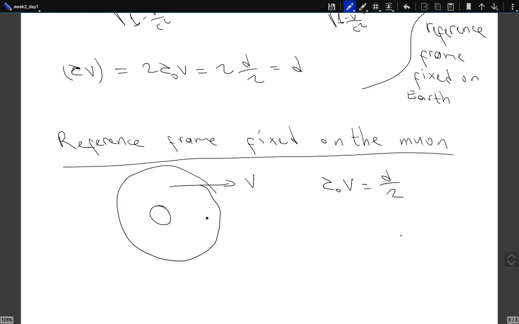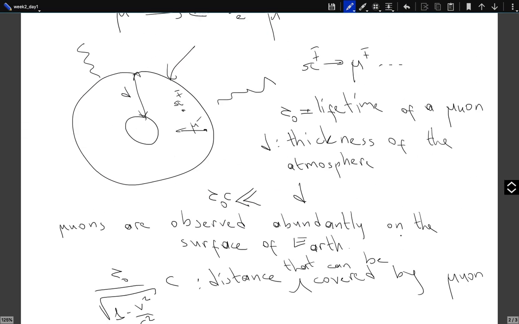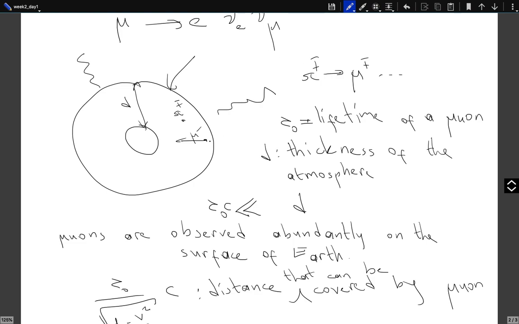And what we said is the muon is created at a point, and if it is created over here, when it decays, it is on the surface of the Earth. So here in the above reference frame, the muon is created over here. It travels a distance d, and when it reaches the surface of the Earth, it decays. So this distance was d.